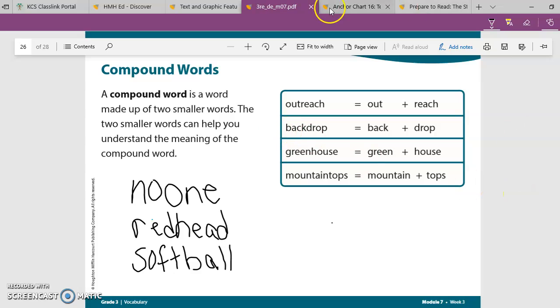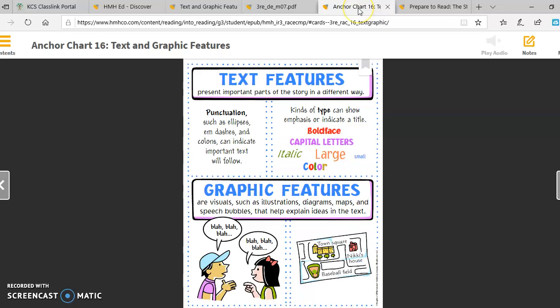Now, the next thing that we're going to talk about today before we get into our text, we're going to look at our Anchor Chart 16 here on text and graphic features. We have discussed text and graphic features before. Text and graphic features present important parts of the story in different ways. Your text features, maybe you have punctuation, such as ellipses. Ooh, I know that we have used those as we were citing evidence in a text.